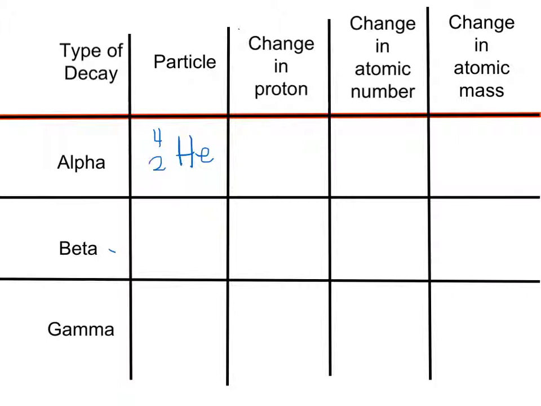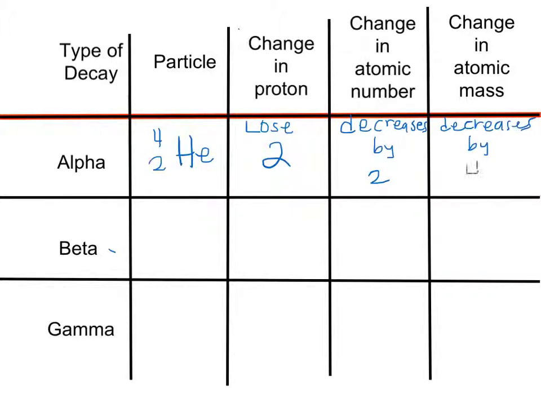Now, when it goes through a decay, you lose 2 protons, so our atomic number decreases by 2. And remember, we also lose 2 neutrons, so our atomic mass will decrease not by 2, but by 4.